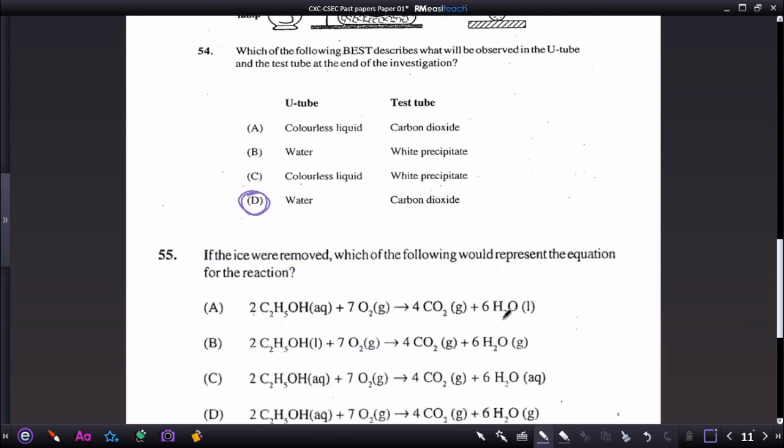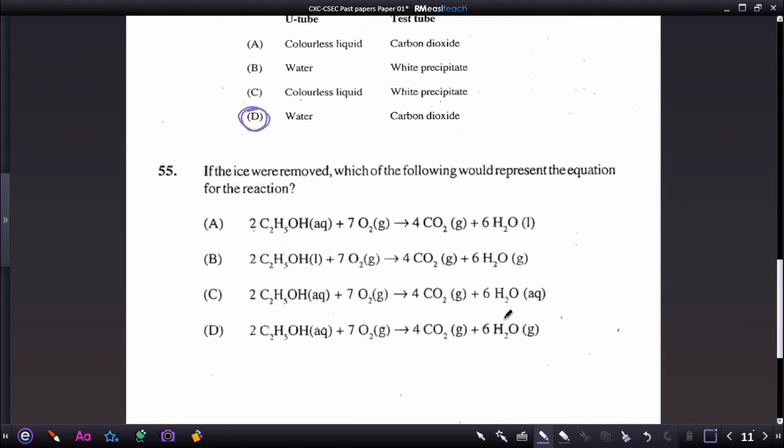55. If the ice were removed, which of the following would represent the equation for the reaction? Alright, let's see if this is balanced. So this is 4 carbon, 2 oxygen, 7 times 2 is 14, so that's 16 oxygen. Oxygen over here is 4 and 2, 8. 8 and 6, 14.